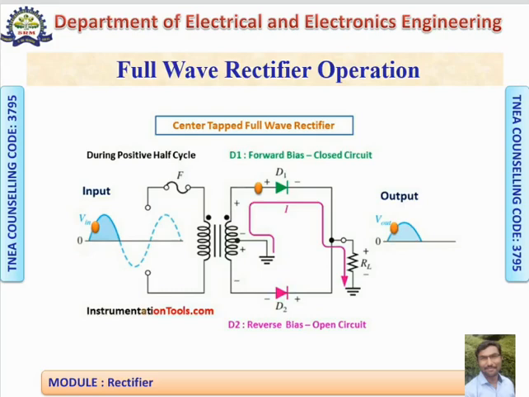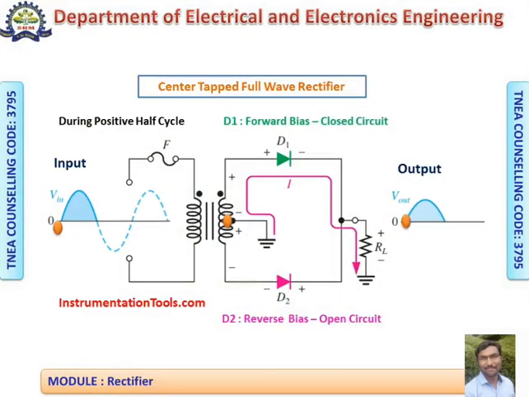The center tapped full wave rectifier involves both positive half cycle and negative half cycle. During the positive half cycle, diode D1 will remain in forward bias condition and diode D2 will remain in reverse bias condition. Hence, the current will flow from the secondary winding of the transformer to the load RL through diode D1.